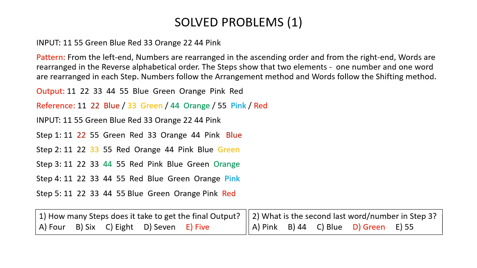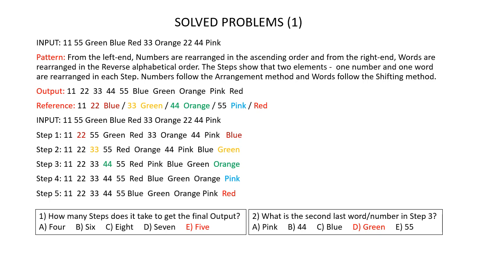So in step 1, write 11 in the same place, that is in the first position at the left end, because numbers follow the arrangement method. So 11 has to retain its first position in the rearrangement steps. So in step 1, write 11 in the first position at the left end.